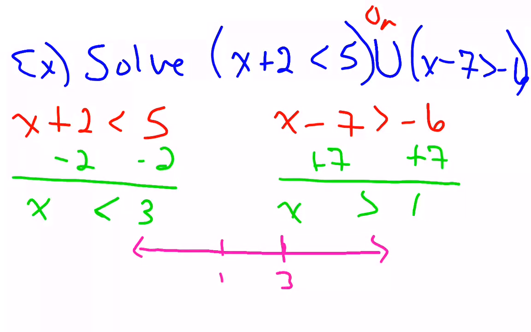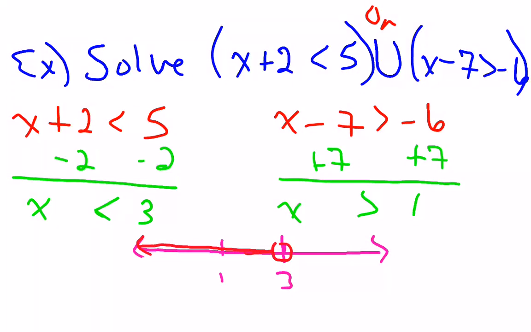So it says x is less than 3, so it would be an open circle because there's not the equal sign, and we'd be going to the left because that's towards the smaller side. So that's the first one.